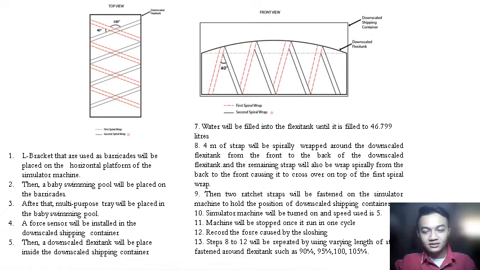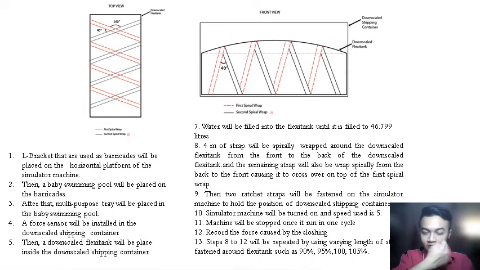The red dashed line represents the first spiral wrap and the black line represents the second spiral wrap. Then two ratchet straps will be fastened on the simulator machine to hold the position of the downscale shipping container. After that, the simulator machine will be turned on and the speed used is 5, and then the machine will be stopped once it runs one cycle, and then the force caused by the liquid sloshing will be recorded.